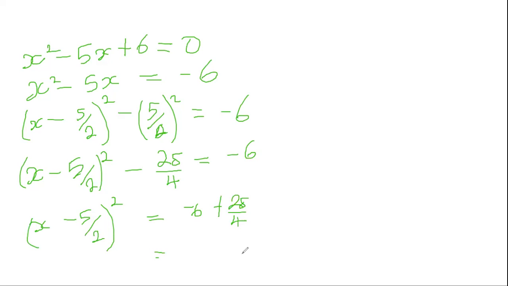So we can take the LCM, which is 4. Then this will be over 1. We can begin with the 25. Yes, so 4 divided by 1 is 4. Multiplied by negative 6, it becomes negative 24.